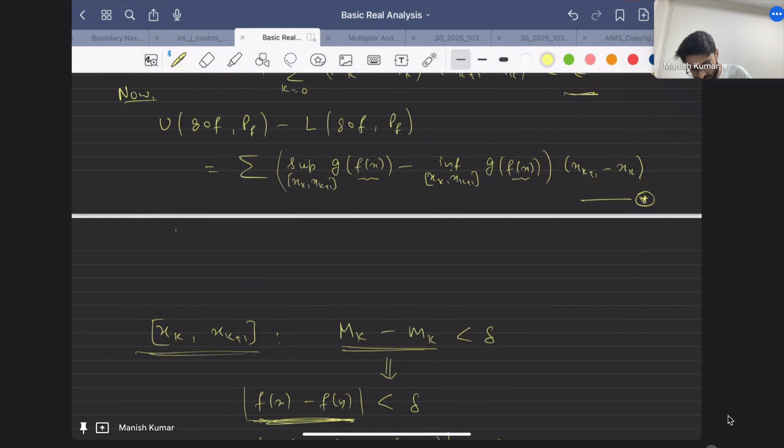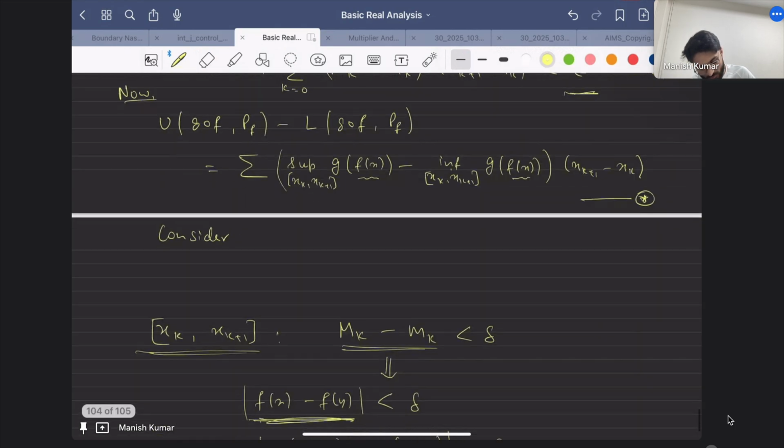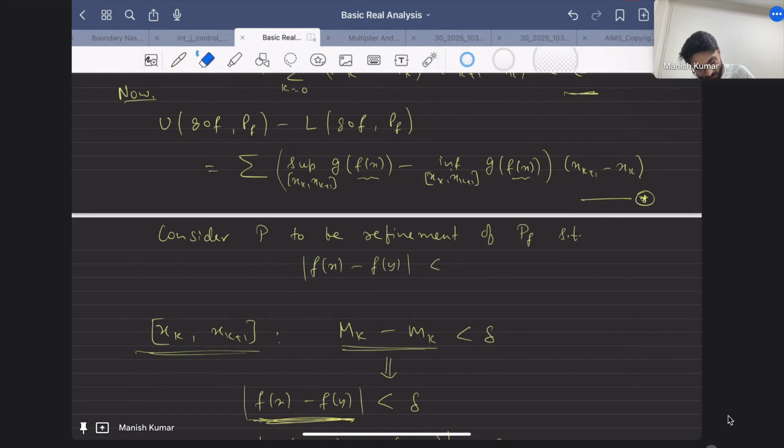Consider P to be a refinement of P_f such that the modulus of f(x) minus f(y) is less than delta for all x, y belonging to y_k to y_{k+1}.